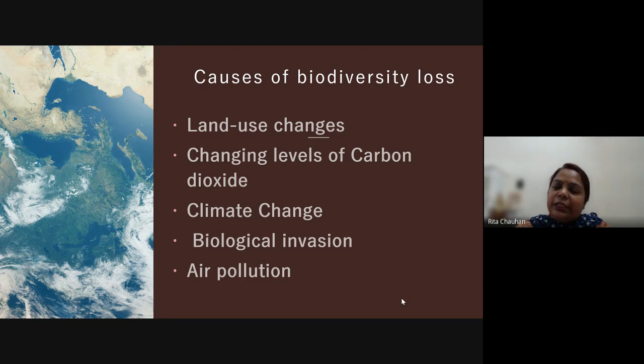Because of the temperature increase and rainfall pattern changes, in some areas where there was no rainfall, the shift is now there. The area which was drier has become even drier, and rainfall has been much reduced over a period of time.